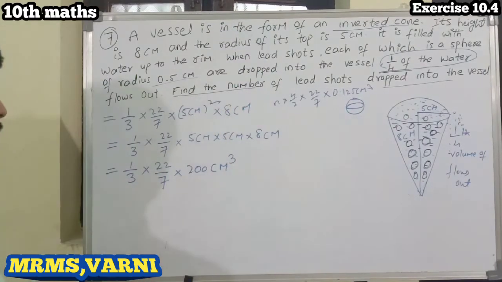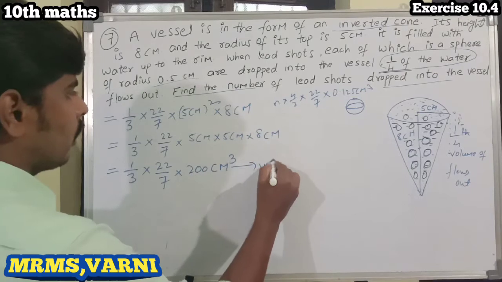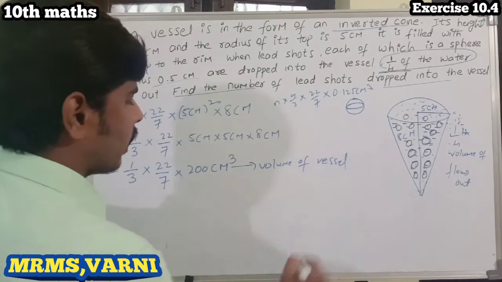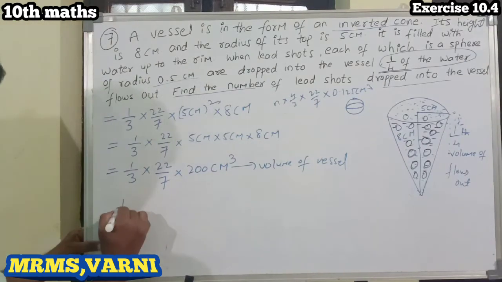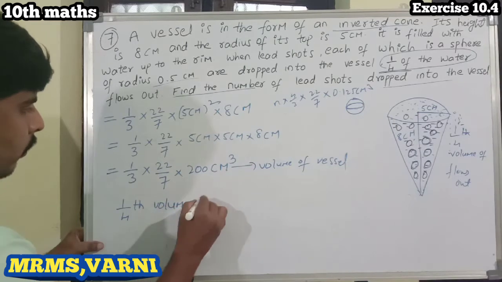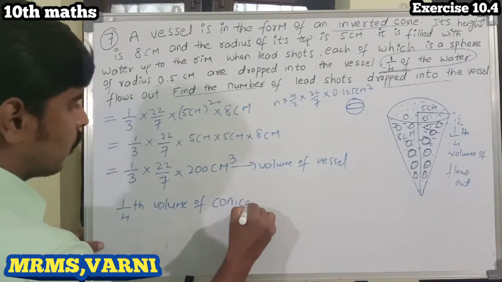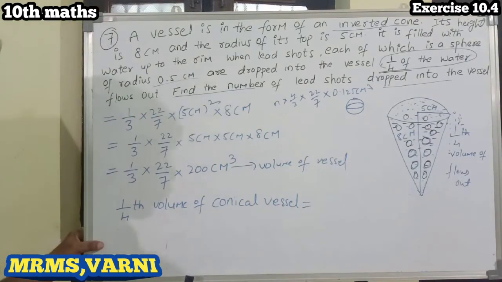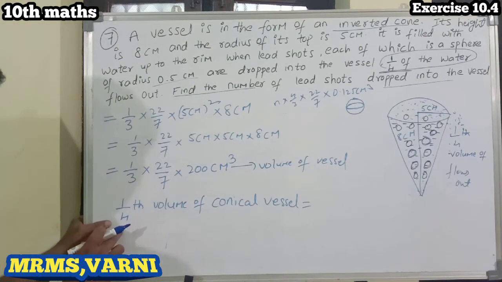This is the volume of the conical vessel. Okay, so 1 by 4th volume of the conical vessel, that is nothing but we have to multiply this with 1 by 4.